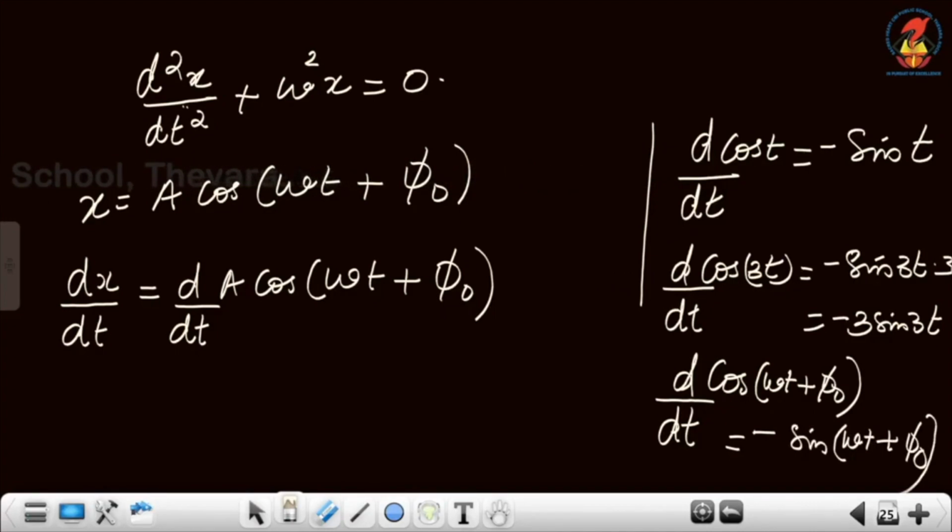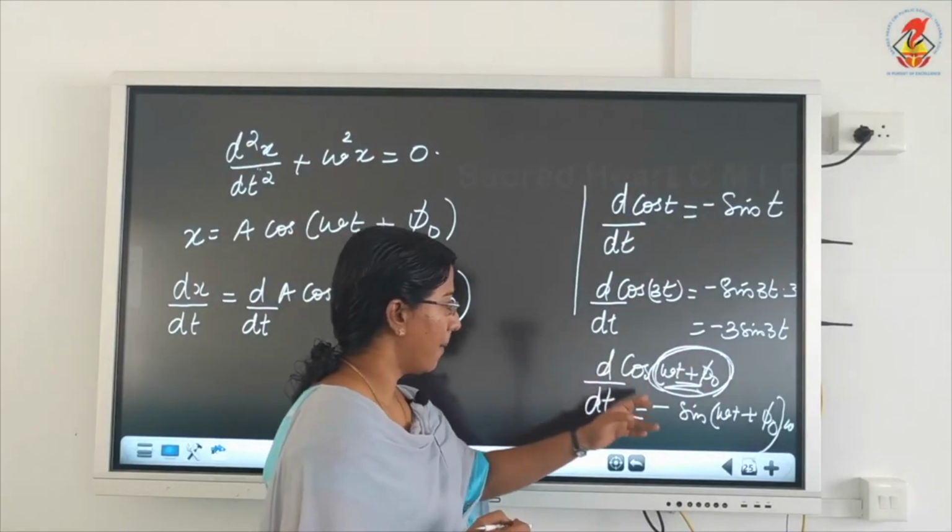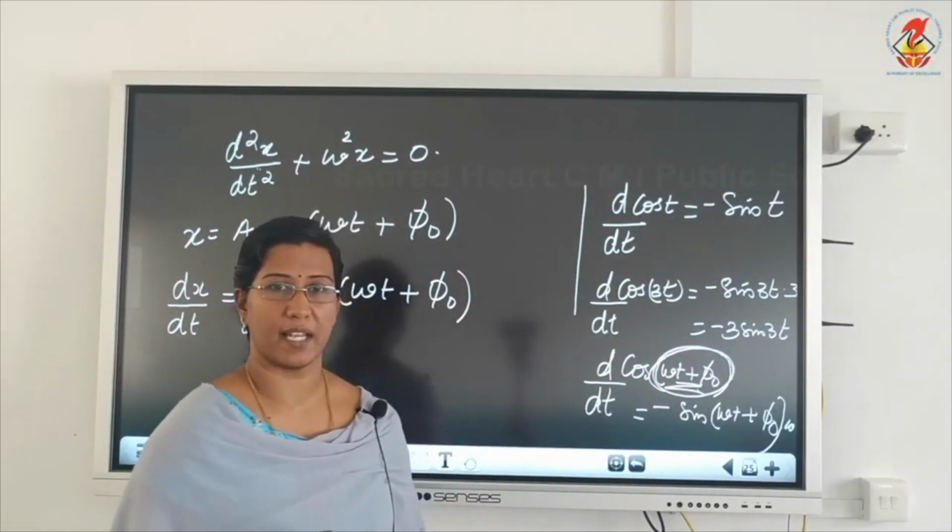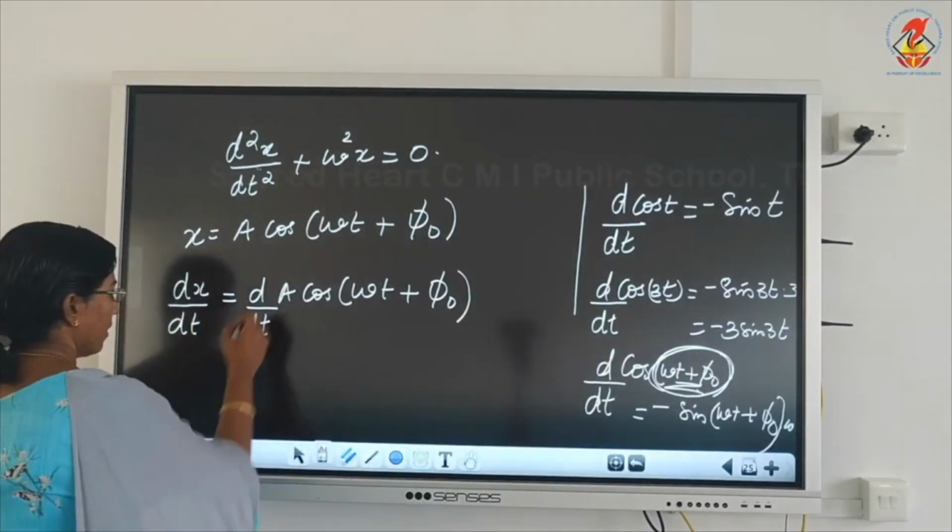What is the next step? We have to differentiate the inside. φ0, the initial phase, is a constant value and never varies with time, which means the differential of φ0 is 0. So we only differentiate ωt, which gives ω. So the differential of cos(ωt + φ0) is minus ω sin(ωt + φ0).